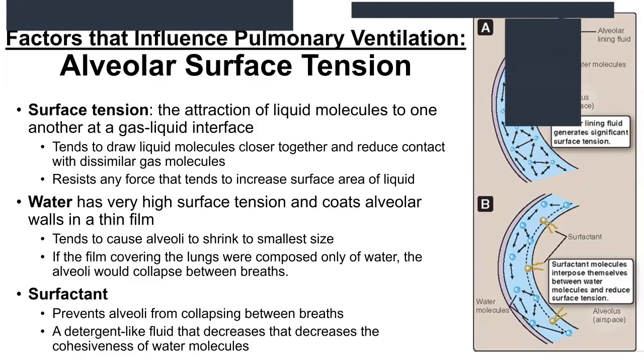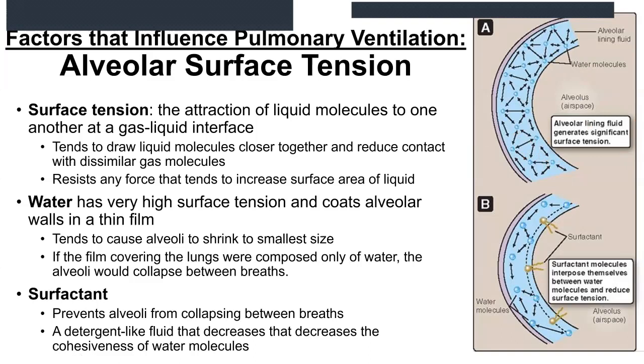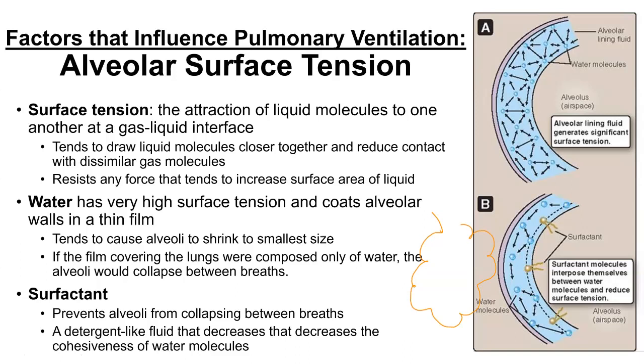If you remember back a few slides ago when I drew my little impromptu alveolus that looked kind of like this, just like our little honeycomb situation going on, remember I drew in that there's water that lines these alveoli, and that water is attracted to one another, so it makes these alveoli want to collapse.